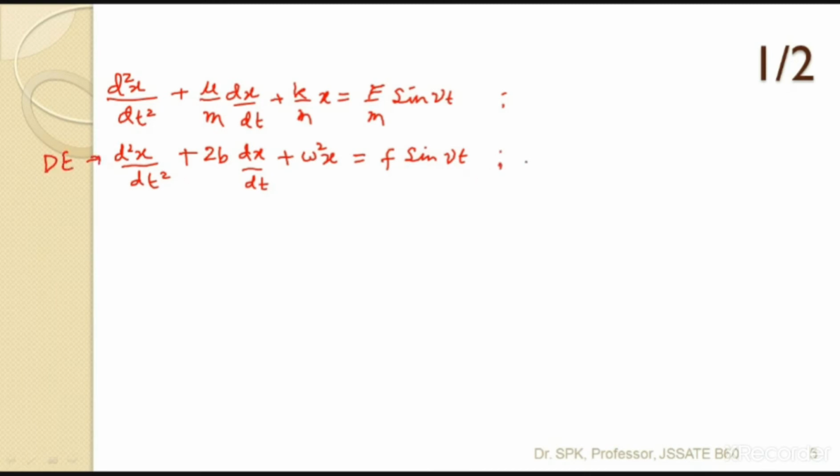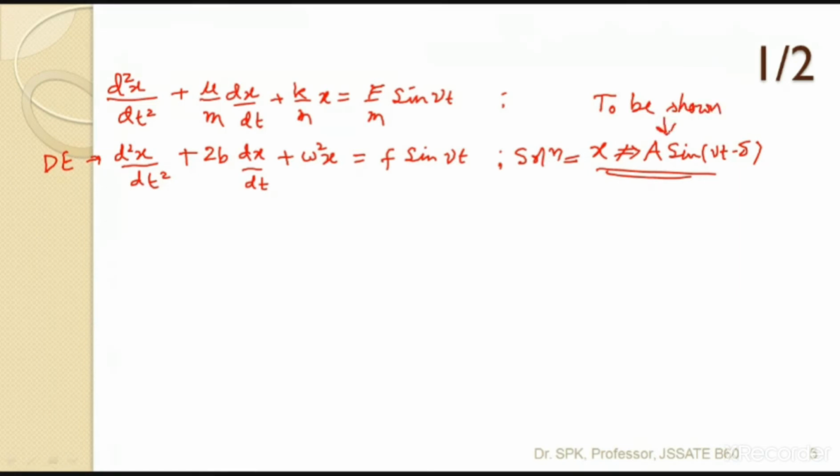The solution we already mentioned is x is equal to some amplitude sine of mu t minus delta. This is the general solution. We don't know this a, and we don't know what exactly delta is.